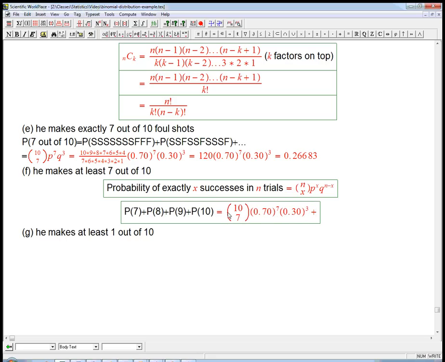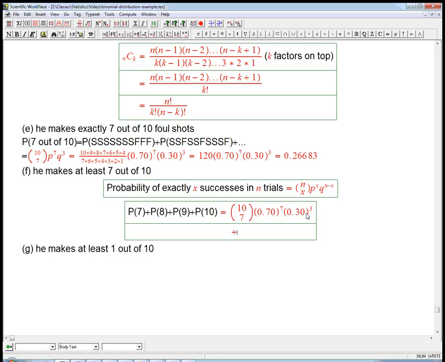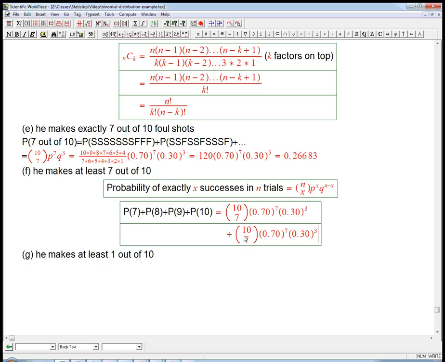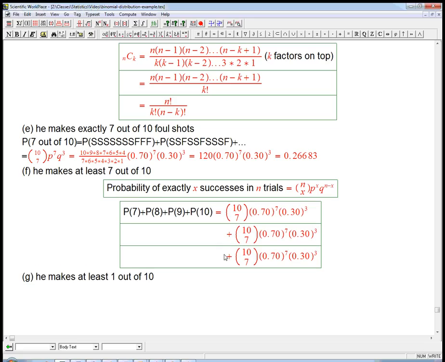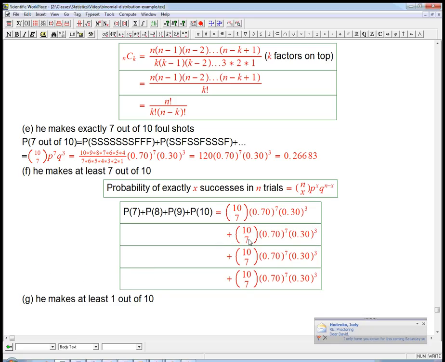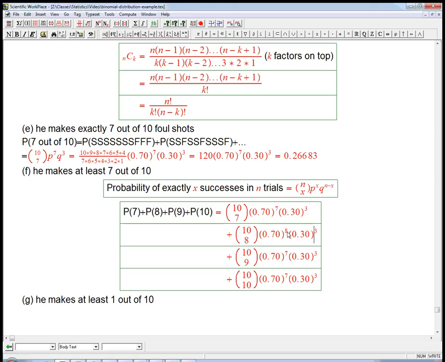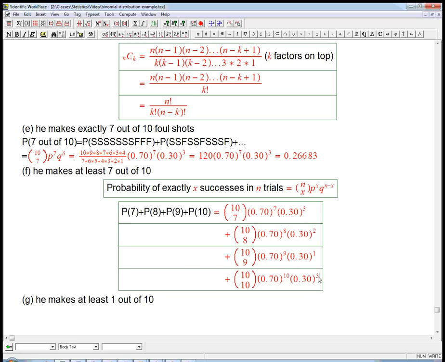Then plus a very similar expression with 4 different numbers. Let's copy that whole thing. Then 10 choose 8, 10 choose 9, 10 choose 10, and then this is going to be 8 and 2, and 9 and 1, and 10 and 0. You can see it's getting a little clunky even though there are only 4 possibilities, and that's going to be very important for part G at the end here.